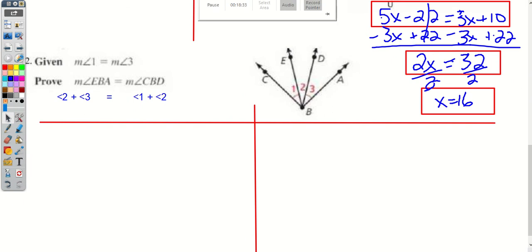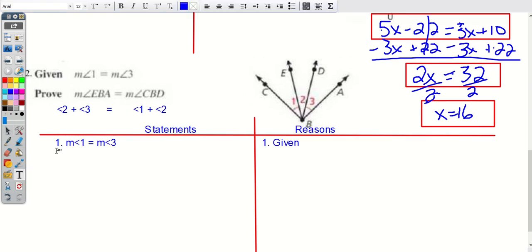All right, so we got the givens. What we really want to do here is add angle 2 to both sides. That's what's different about the proof statement we wrote right here. This is 1 plus 2, and this is 3 plus 2. So technically what we should say is angle 2 is equal to angle 2. That's reflexive.